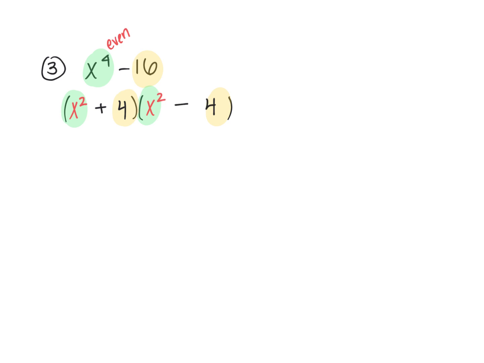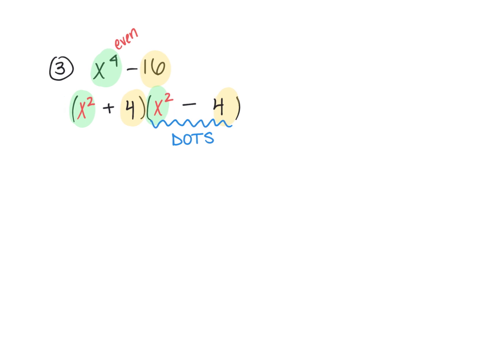Now this one's tricky because I want to draw your attention to this. Do you see that this is another difference of squares? This is another difference, meaning subtract, of two perfect squares. So we can actually extend this one in another set. So we take the square root of x squared, that goes in the front, so that's going to be x and x.